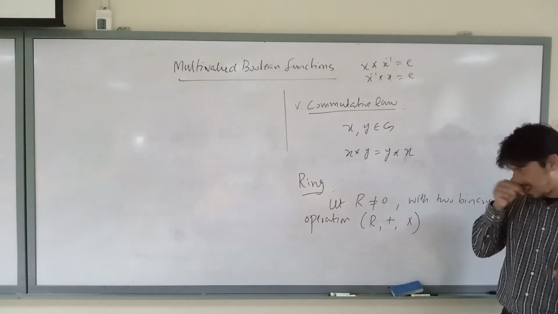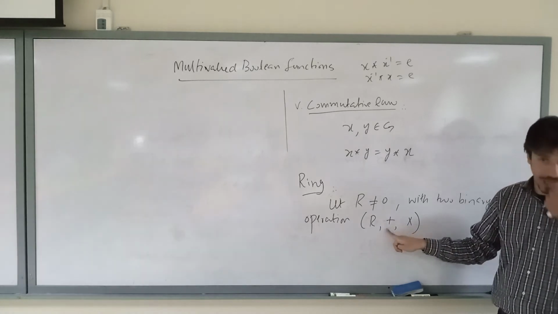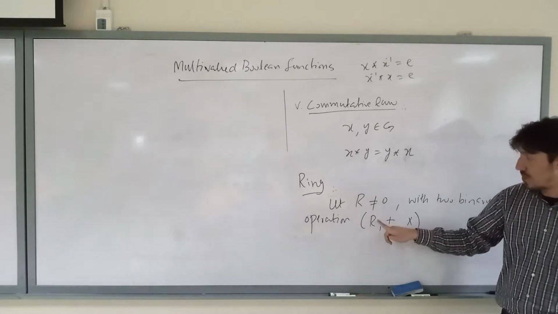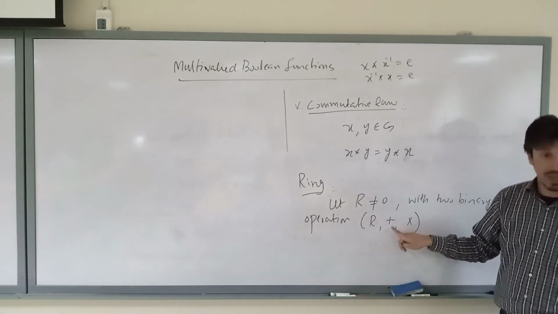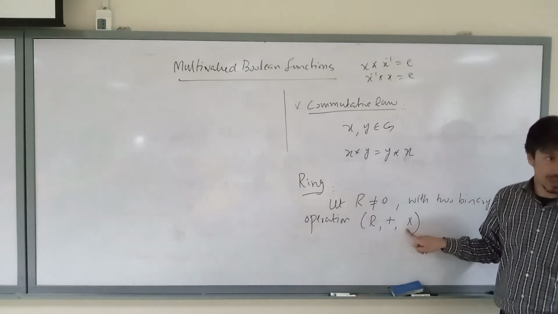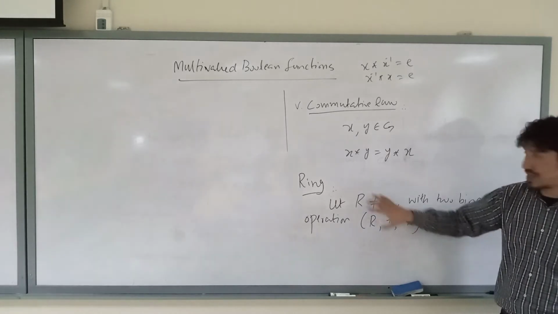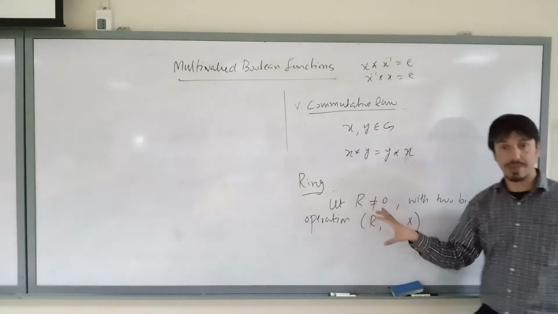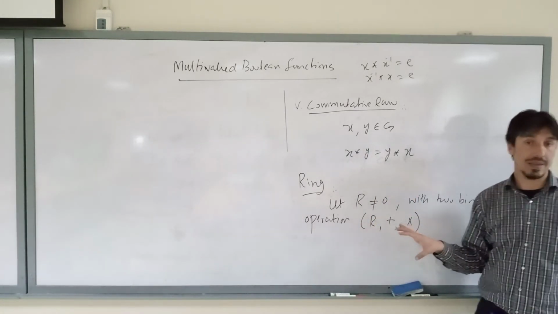In that case, if it has 2 binary operations, R is a group under addition and a semi-group under multiplication, and we call this non-empty set a ring.